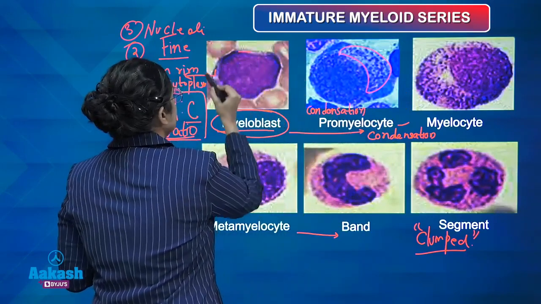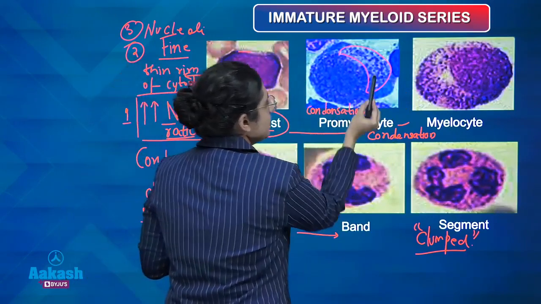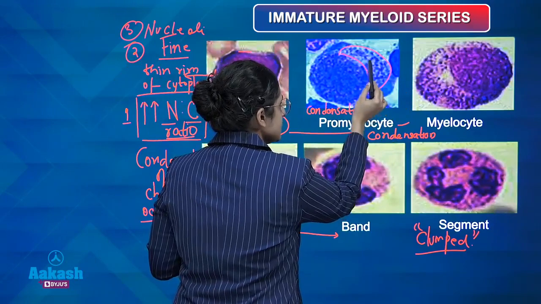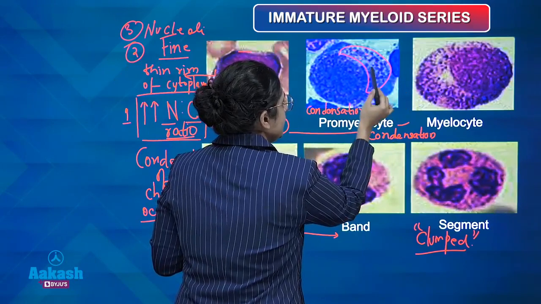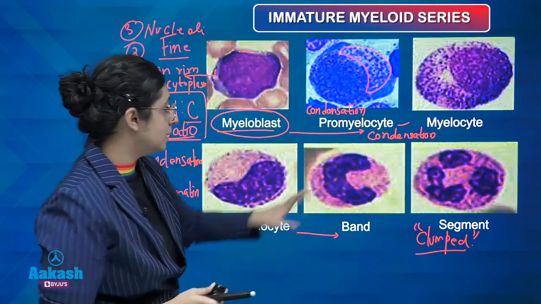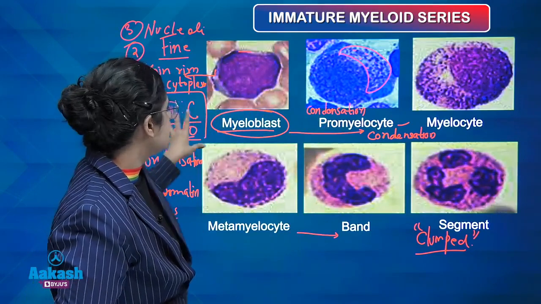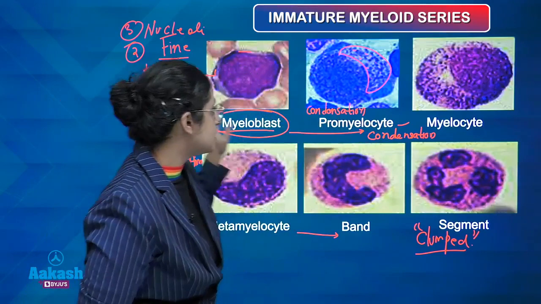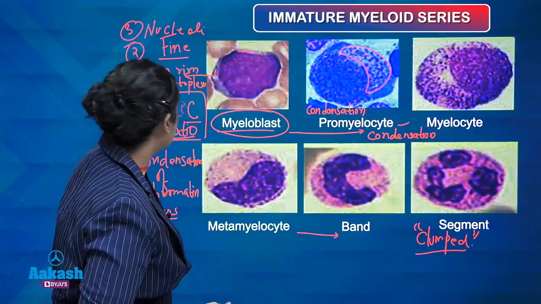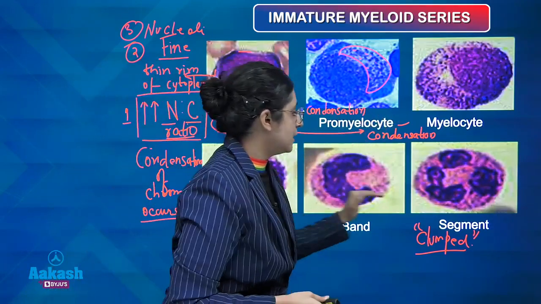No cytoplasm can be seen in the blast, but at least some amount of cytoplasm with granules can be identified in a promyelocyte, and you can differentiate a promyelocyte from a myeloblast. So the NC ratio keeps on decreasing. That means the amount of cytoplasm is more and more as the stage of differentiation occurs.